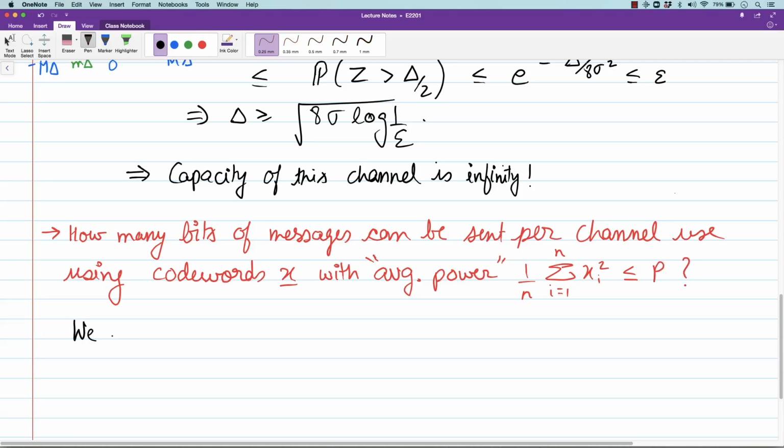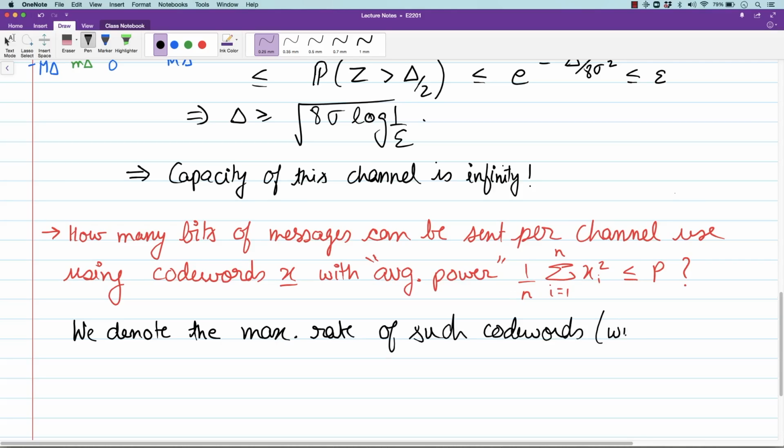We denote the maximum rate of such code words with vanishing error by C(P, sigma square).